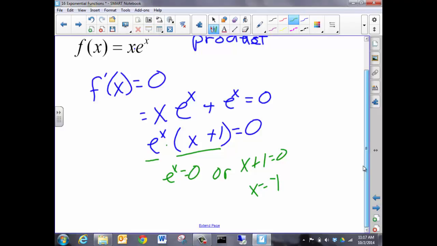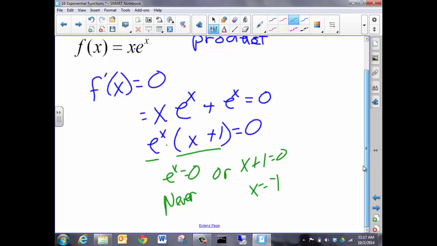Can e to any power be 0? No. This can never happen. So the only time we would have a horizontal tangent line is x equals negative 1.